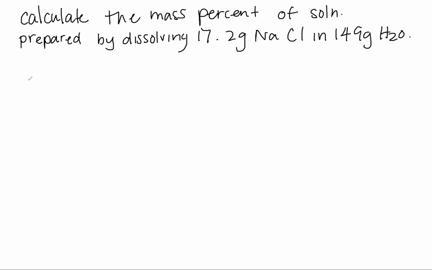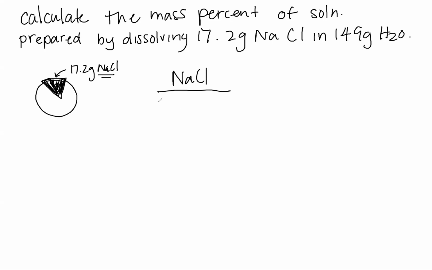Okay, so when you're dealing with the mass percent, remember again, the piece of the pie and the pie itself. Okay, in this case, this piece of pie that we're trying to calculate is what? The 17.2 grams of NaCl. We just want to know the NaCl, right? So just to divide out that NaCl, we'll do NaCl over NaCl plus water.